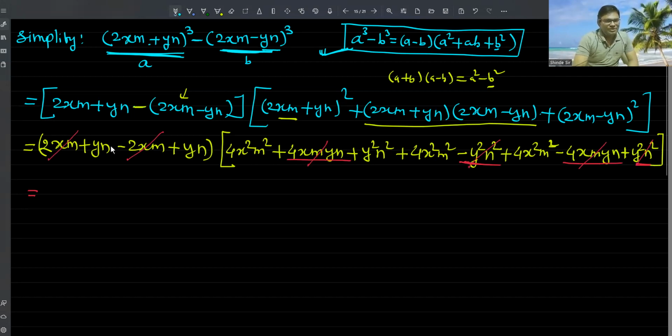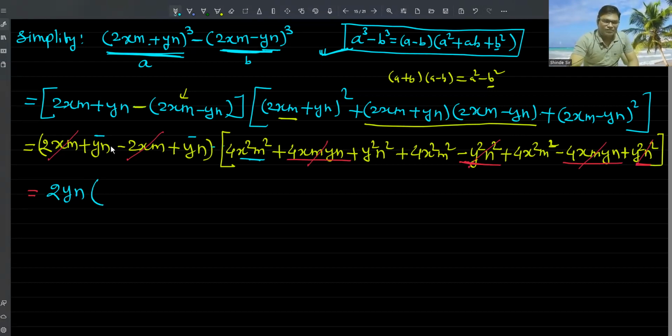Okay, now let's write the remaining terms. In the first bracket we have yn plus yn, so it will give us 2yn, and since these two brackets are in the relation of multiplication, the first bracket returned 2 times yn, and let us write whatever is remaining in the second bracket.